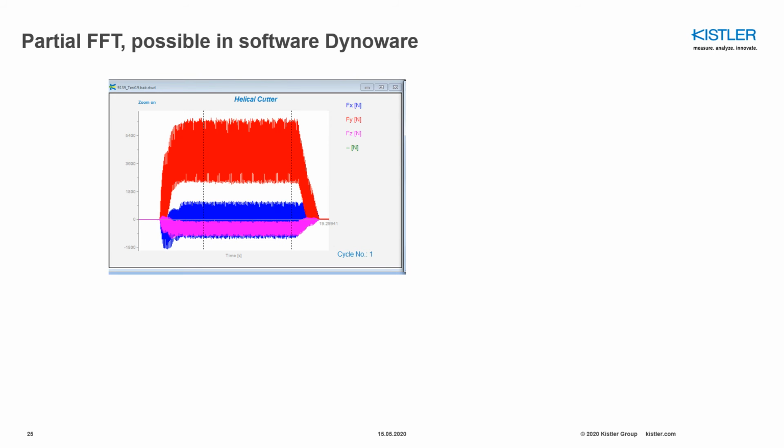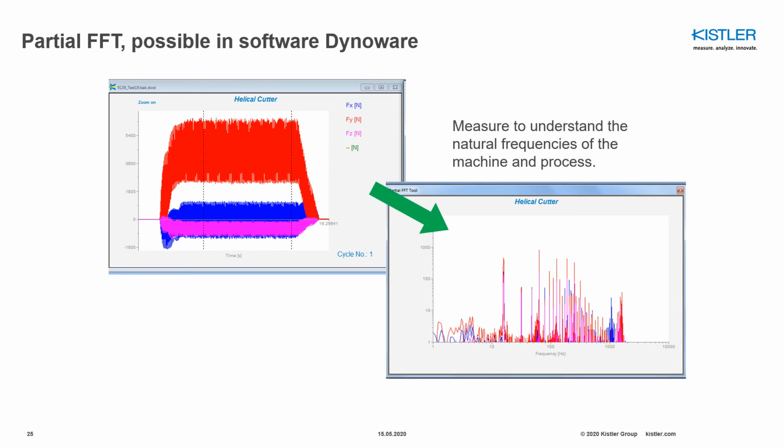This is a force measurement, as you can see, and we can perform partial FFT on that, and that is possible in our DynaWare. Why is that important? Because as you can see, the force measurement consists of different types of frequencies, and when you make the FFT analysis, you can see which kind of frequencies you have, up to which amplitudes, in your force measurement.